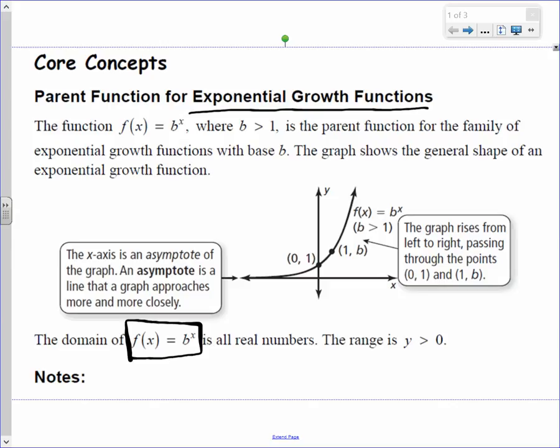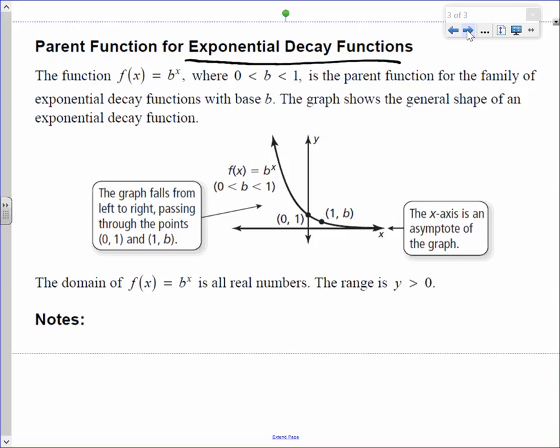Notice how the x now, the input, is the exponent now, as opposed to what we've been doing in warm-up. The exponent is actually the variable, hence the word exponential functions. The input variable is the exponent. And they behave either this way, going up, or if you flip your page on the top, they behave going down, from left to right. I'm reading it from left to right. Going up or going down.